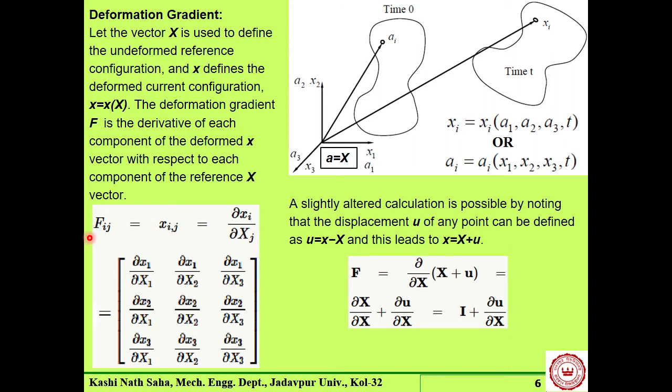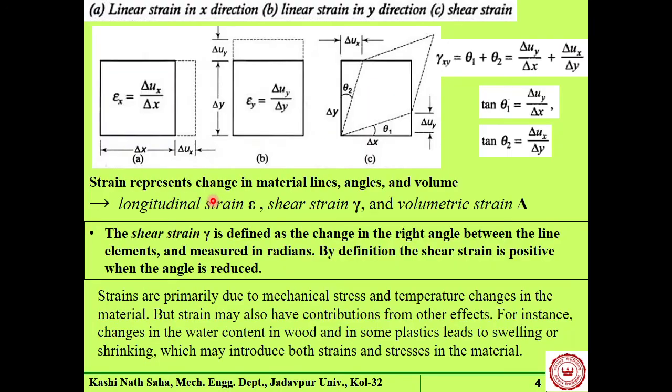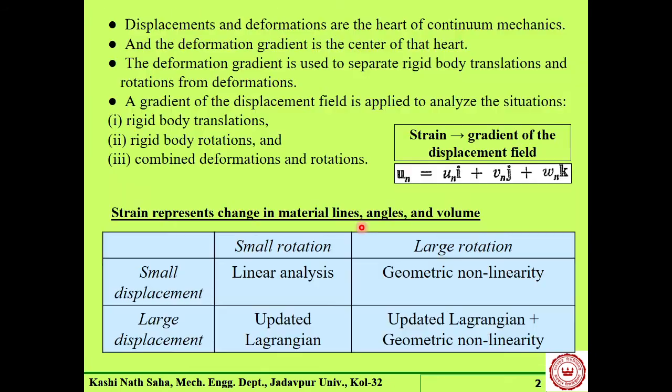that gives us the strain field, right? And say that is the F here. F is the derivative of each component of deformed x vector with respect to each component of the reference capital X vector. That we have already seen previously. Here also, if we have a displacement field like this, then we have strains which come from the derivative of this u along x, y and z.